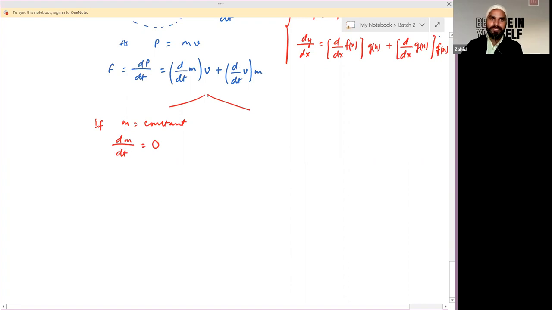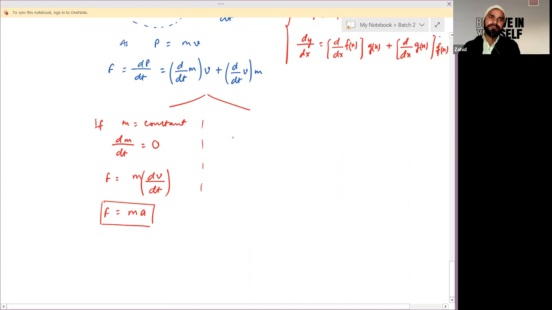If you put this term in the above equation, you will get F equals m times dv over dt. dv over dt is nothing but acceleration. So it will be mass times acceleration equals applied force. This formula will be applicable only if mass is constant.